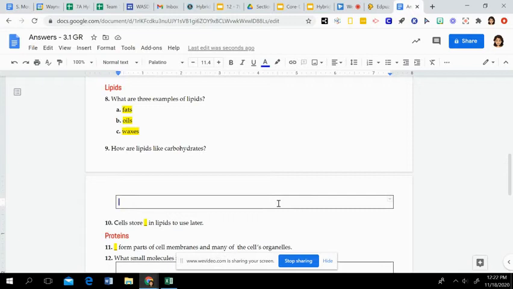They have similar elements, so they are both made of carbon, hydrogen, and oxygen. And then lipids, like carbohydrates, are also part of cell membranes.